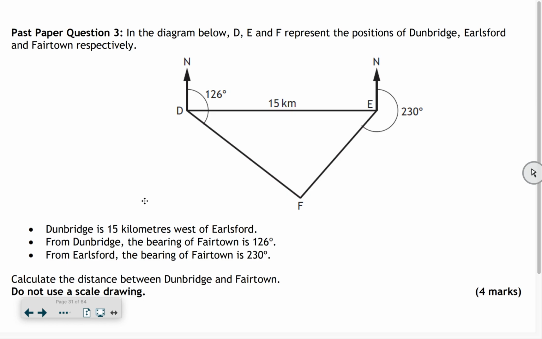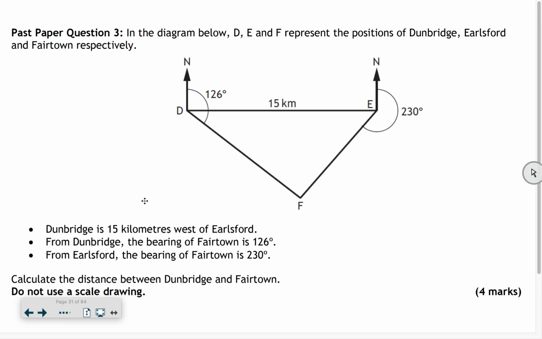Dunbridge is 15 kilometres west of Earlsford. From Dunbridge, the bearing of Fairtown is 126 degrees, and from Earlsford the bearing of Fairtown is 230 degrees. What I want to do is calculate the distance from Dunbridge to Fairtown.